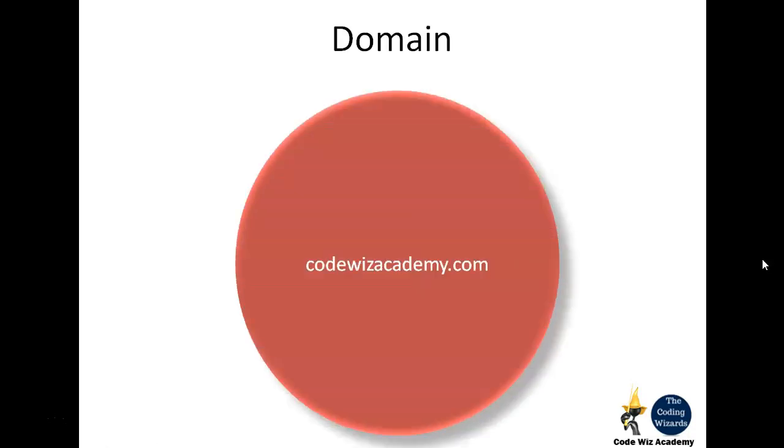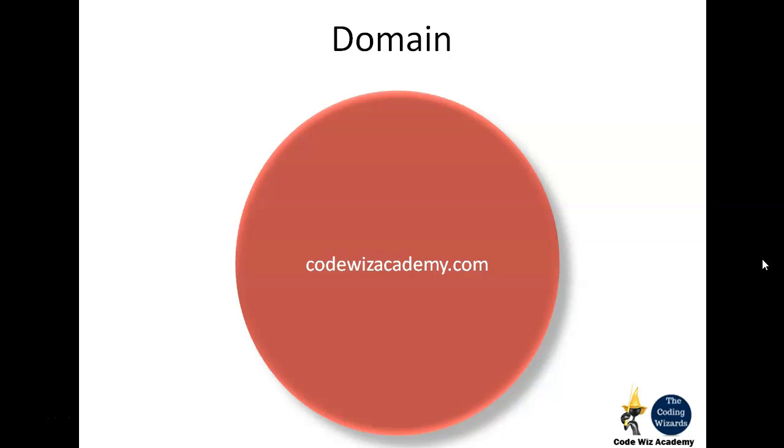Now let us see how these differ at the back end of the website, that is, at the cPanel of your website. Here is a domain, codewizacademy.com. This is one folder that you will find under the home directory /public_html of your cPanel.